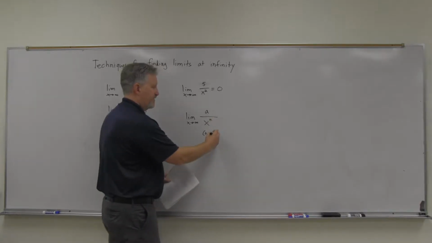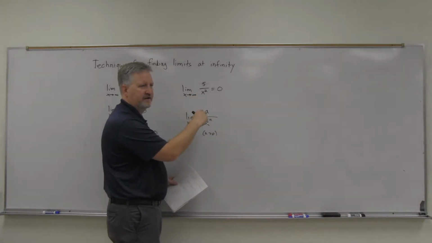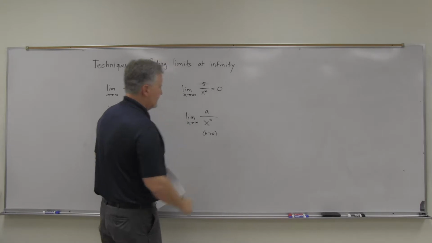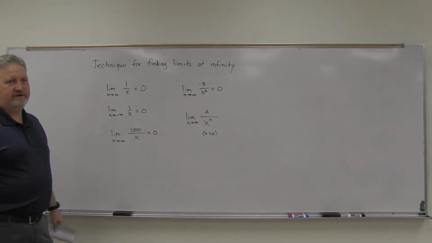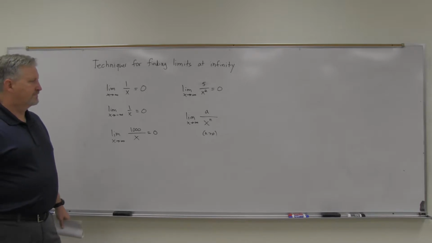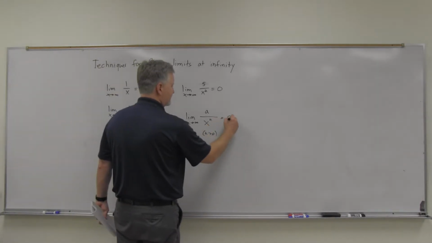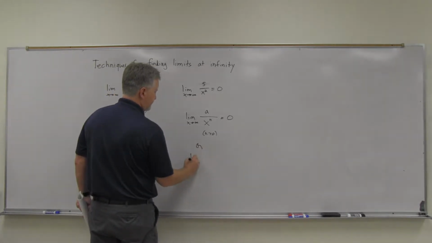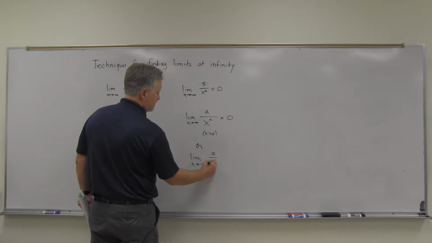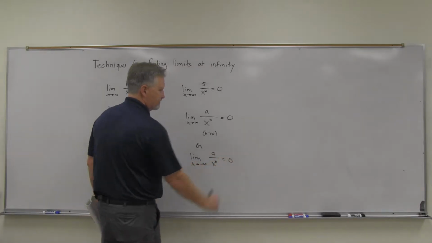Because if it's a negative power, that's going to flip it up and it's not going to be in the denominator, you know what I'm saying? Any power of x, where that power is in the denominator and is positive, that's going to be 0 as x goes to infinity. Or the limit as x goes to negative infinity, same deal. Any number divided by x to a power, that's going to be 0.